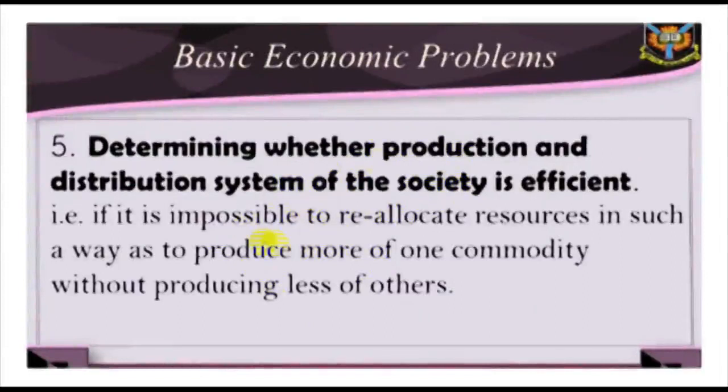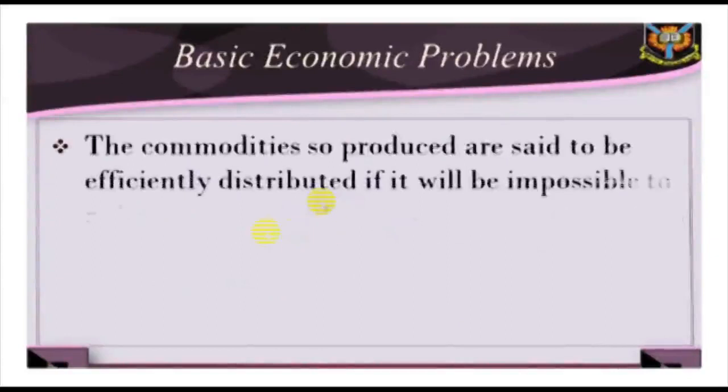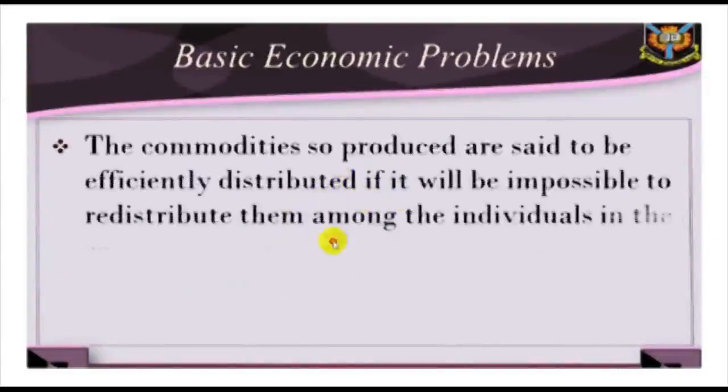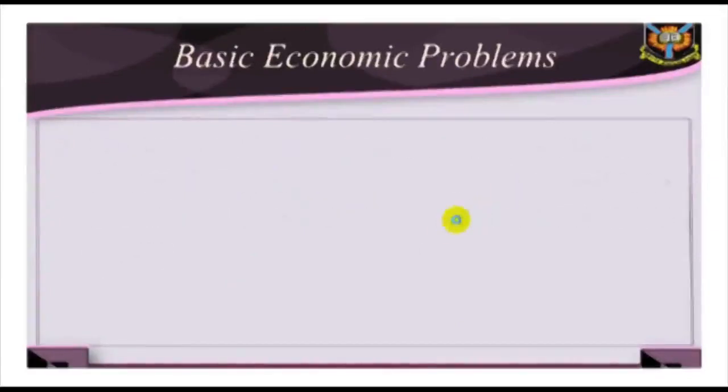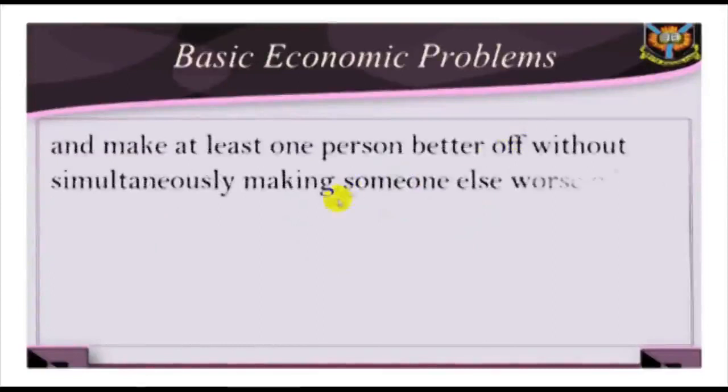The commodities so produced are said to be efficiently distributed if it will be impossible to redistribute them among the individuals in the society and make at least one person better off without simultaneously making someone else worse off.